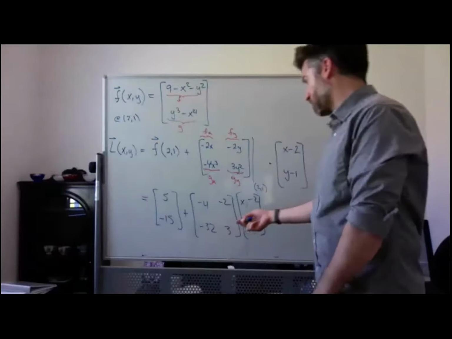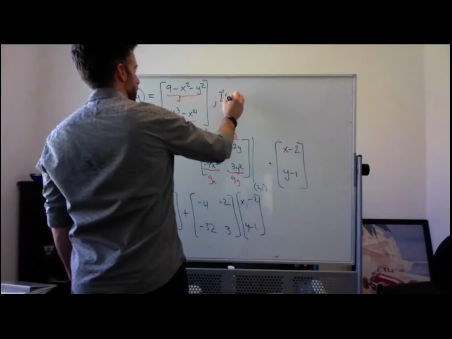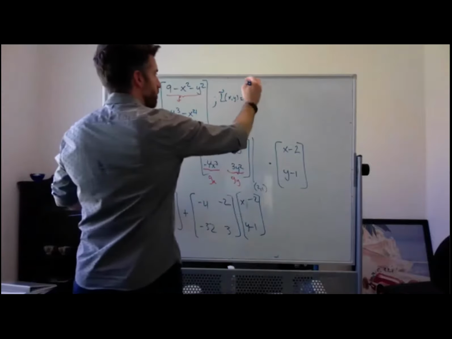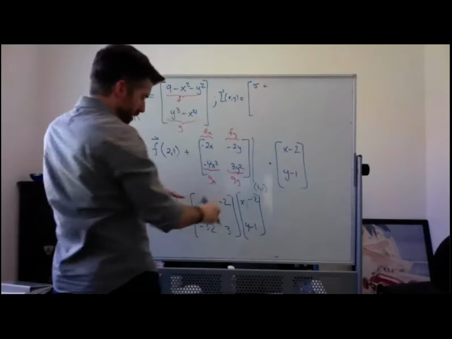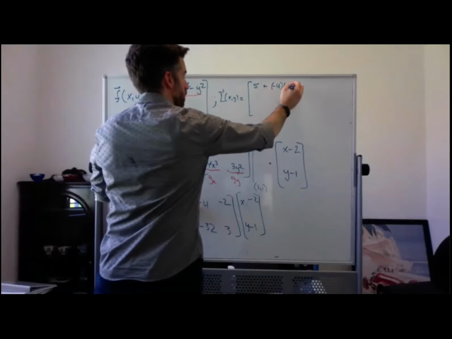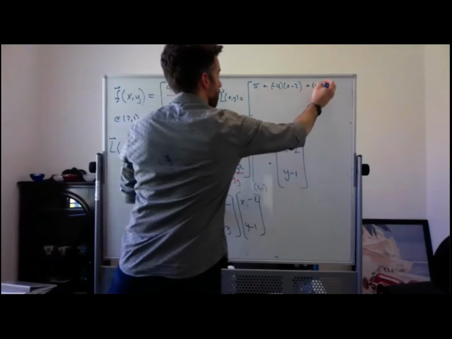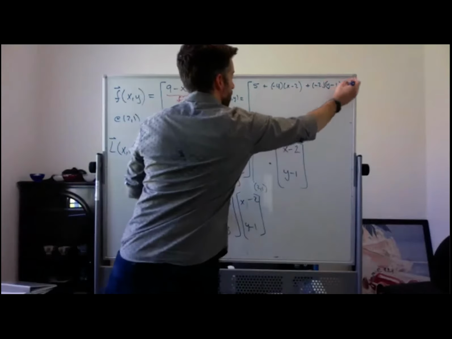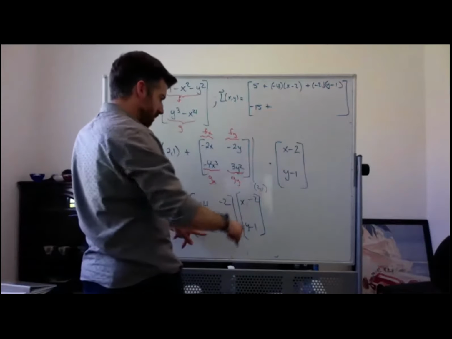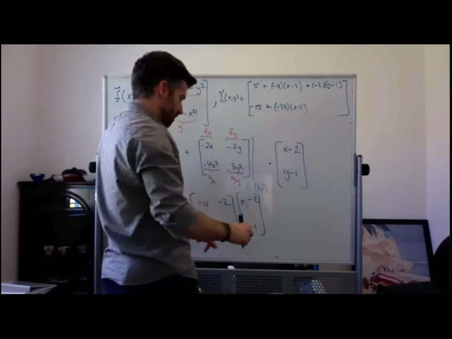If we want to write it out, though, I'm going to write this down here. The linearization of xy is equal to, the first row is 5 plus negative 4 times x minus 2, plus negative 2 times y minus 1. The second row is negative 15 plus negative 32 times x minus 2 plus 3 times y minus 1.